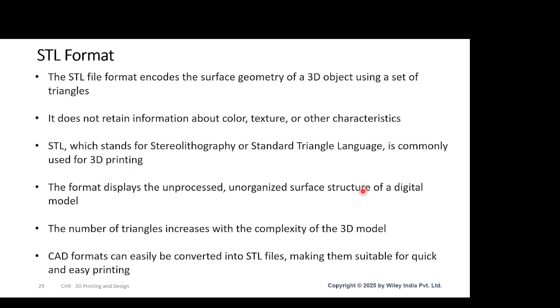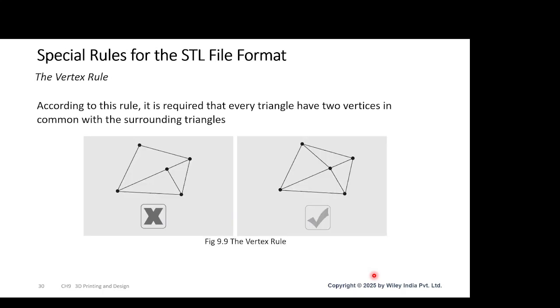The number of triangles increases with the complexity of the 3D model. The more triangles, the more complex the model is. CAD formats can easily be converted into STL files, making them suitable. So any CAD file format can be converted into STL.